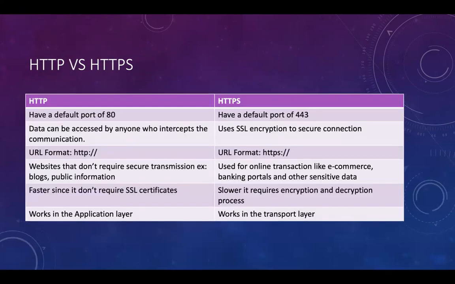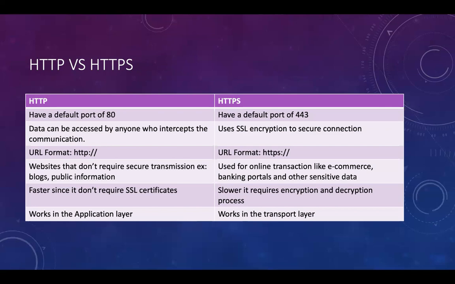So this is very essential because a lot of people seem to have a hard time differentiating HTTP versus HTTPS. HTTP has a default port of 80. HTTPS has a default port of 443.